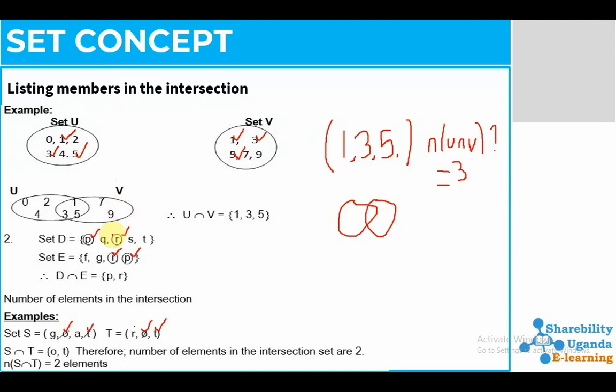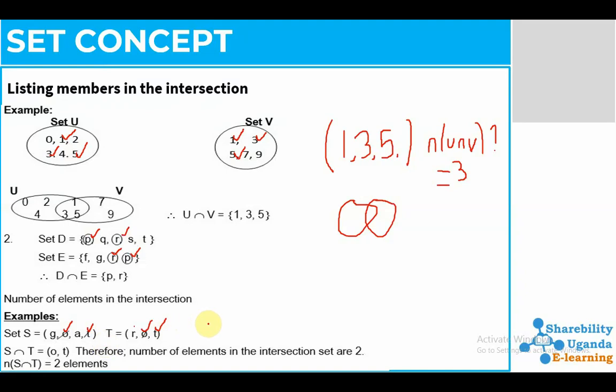We also went ahead and talked about these examples. If you can remember, we tick those members which are in both sets, and list them. We listed them here, and we are able to know how many.